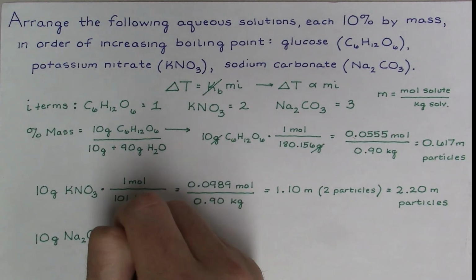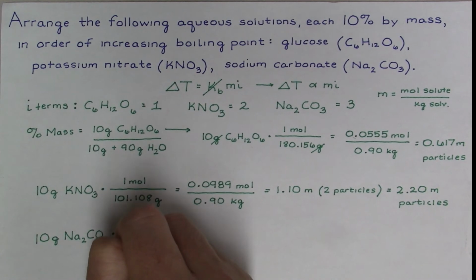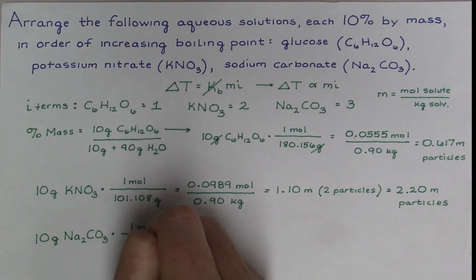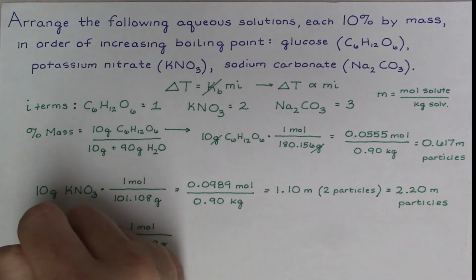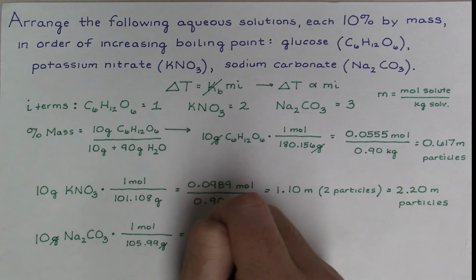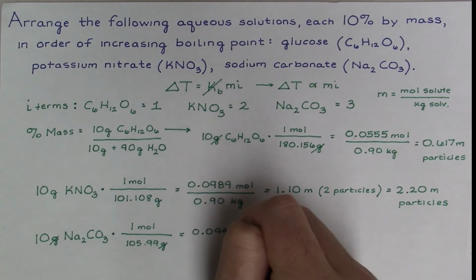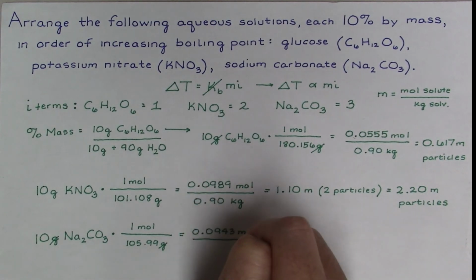We are going to multiply that by 1 mole over our 105.99 grams for our sodium carbonate. And this would give us a value of 0.0943 moles of our sodium carbonate.